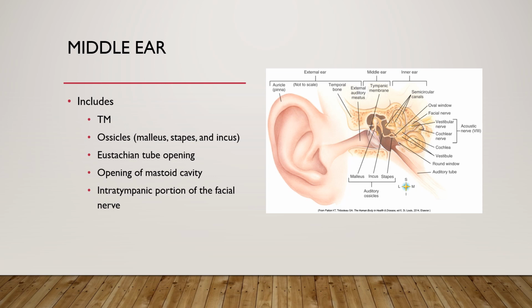Okay, the incus is going to follow it next. That is the anvil, and it connects the stapes and the malleus. All right, the stapes, also known as the stirrup, transmits vibrations of the tympanic membrane and the other ossicles then to the inner ear through that oval window.